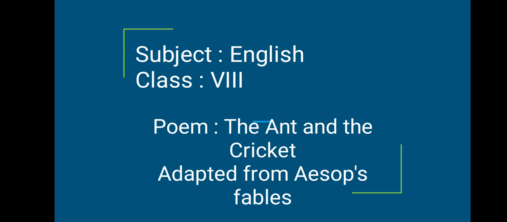Not a crumb to be found on the snow-covered ground. Not a flower could he see, not a leaf on the tree. Oh, what will become, says the cricket, of me?